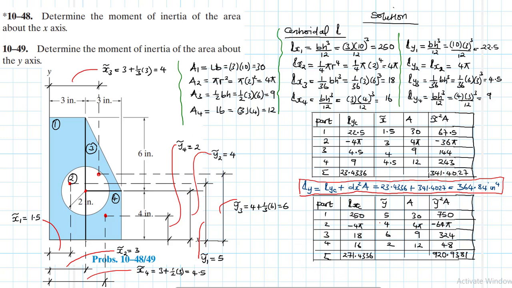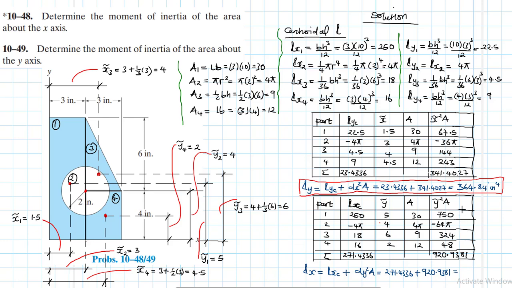Alright, so let's now find the total moment of inertia about the x-axis, which is equal to xt plus dy squared times area, equals 271.4336 plus 920.9381.